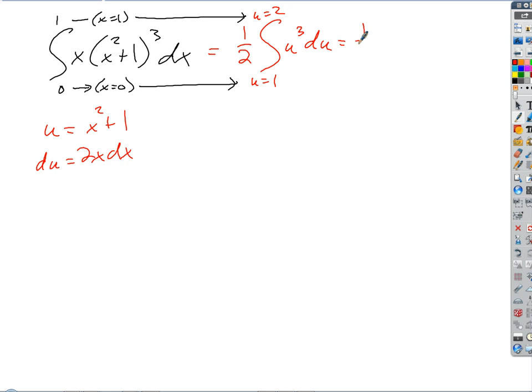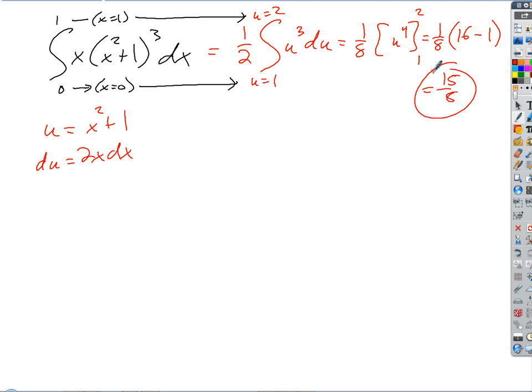Okay, so we get 1/8 times u to the 4th, evaluated from 1 to 2, which is equal to 1/8 times what? 2 to the 4th, 16, minus 1. Okay, so we get 15/8.